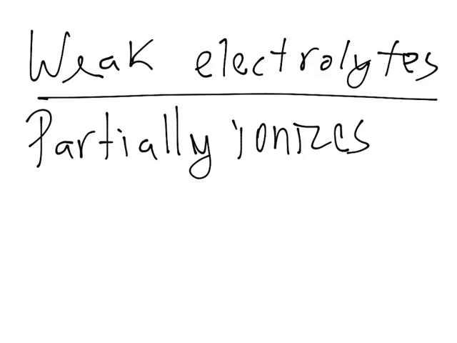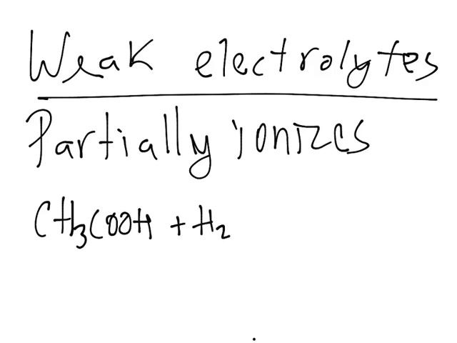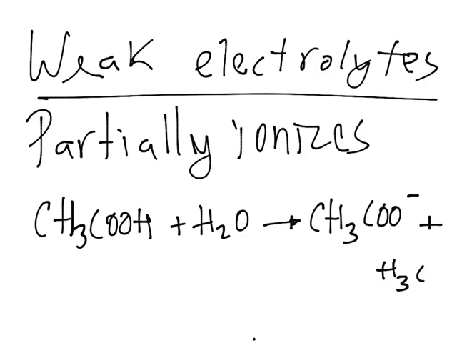Acetic acid, its formula is CH3COOH, and it reacts with water to produce CH3COO minus and H3O plus. And this is a cation.